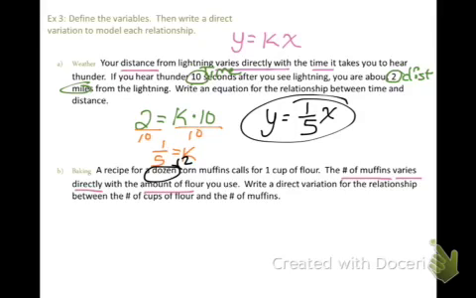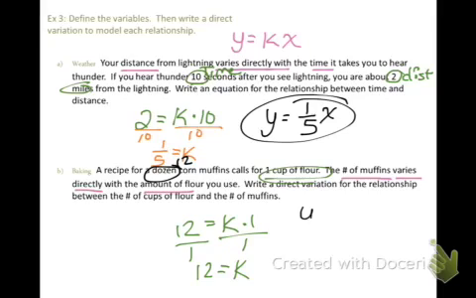The number of muffins is 12, because it's a dozen, equals K, and then amount of flour used times 1. Because there's only 1 cup of flour used, right there. So then I divide by 1. So K equals 12. Now I can write my equation. Y equals 12x. And that's how you would do that.